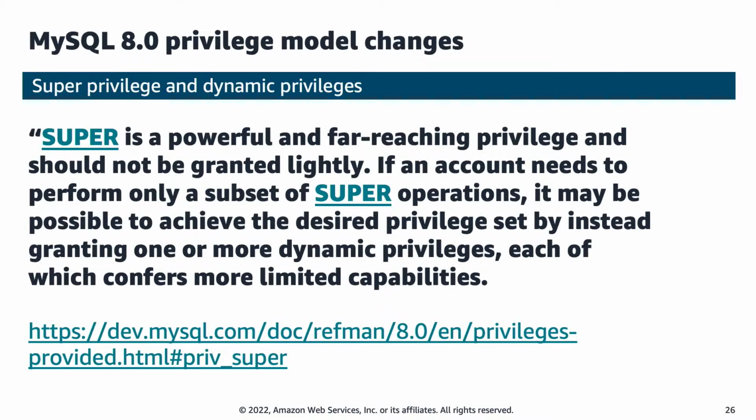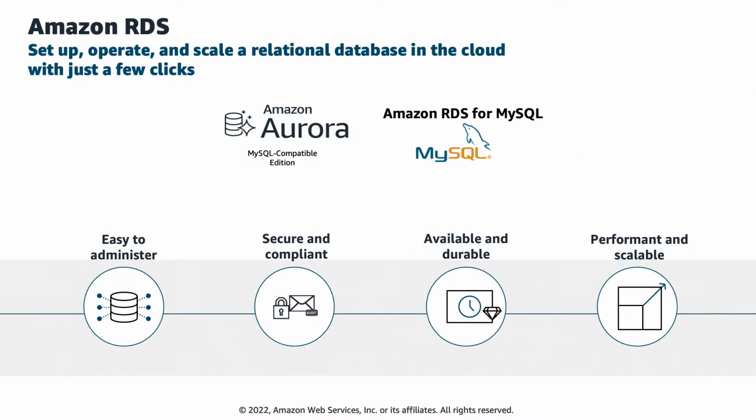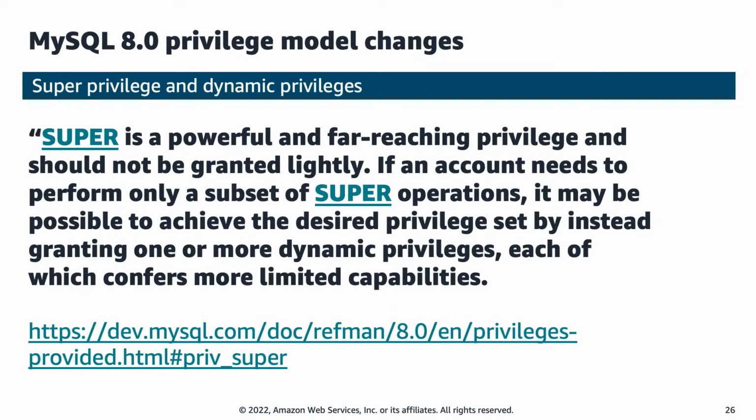So in MySQL 8, the super privilege has been split. The super privilege still exists, but there is a collection of what are called dynamic privileges that are much more granular. And I will show you in a second what we did with Amazon RDS and Amazon Aurora.